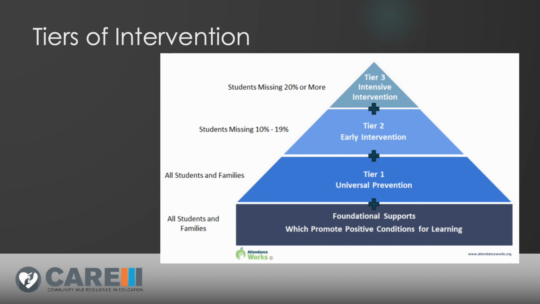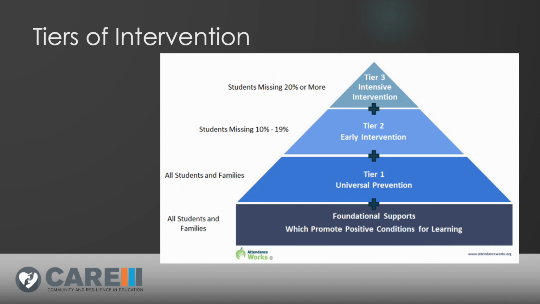And so, we want to have that foundational support. I already mentioned how chronic absenteeism impacts multiple systems. And so we want to have a foundational support that is district-wide that promotes those positive conditions for learning. So those 4 conditions that I mentioned earlier. Then, our tier 1 universal prevention, those are our policies and our communication about our policies and our expectations. And then we can start to look at our data and see what students are already missing that 10%.